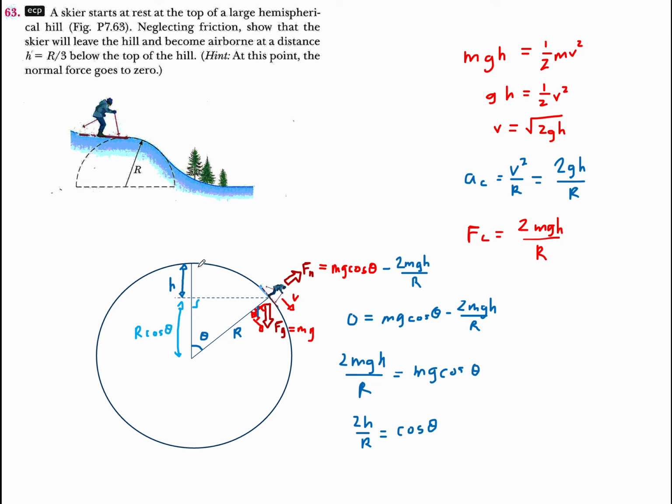And since we know this entire distance here is r, we can express h. h is going to be equal to r minus r cosine theta. The difference between the radius, all the way to the top, minus r cosine theta. Or we could also rewrite it as r times 1 minus cosine theta.